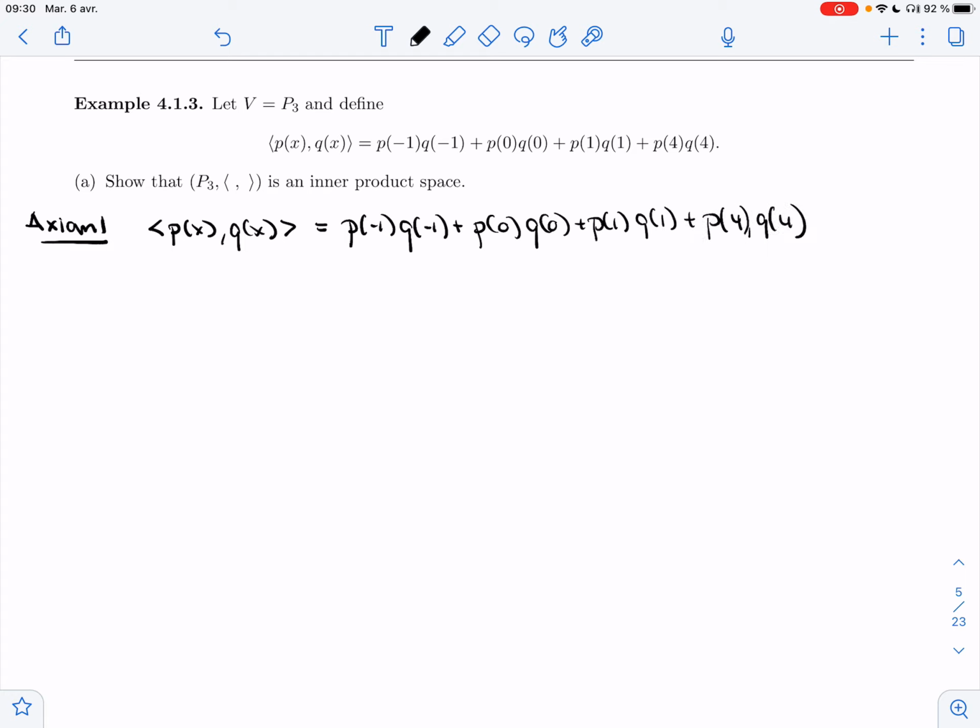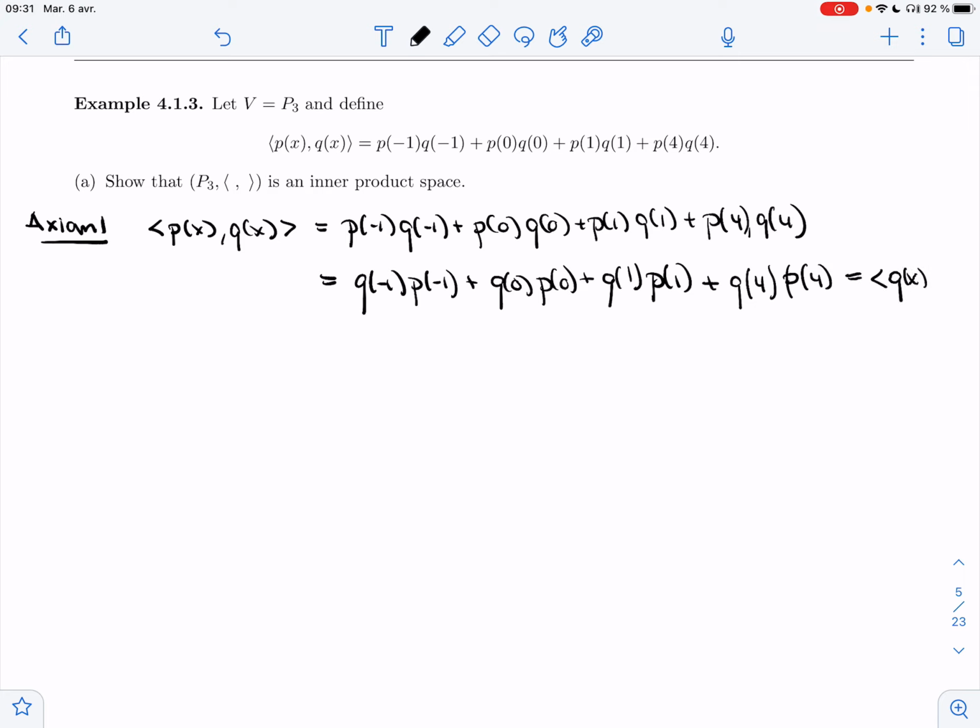These are all real numbers, so I can switch them. I'm multiplying real numbers here. So that would be QP.